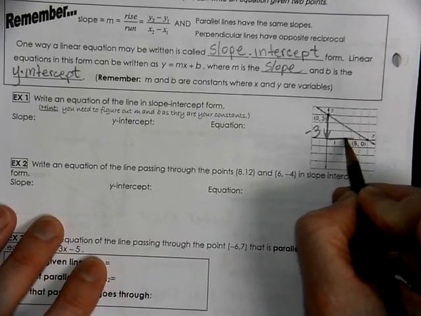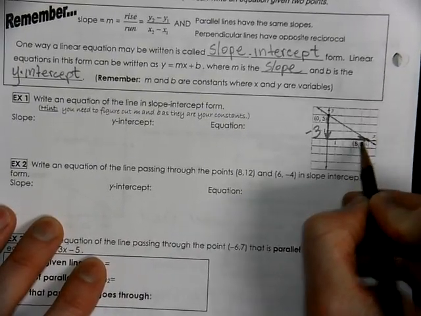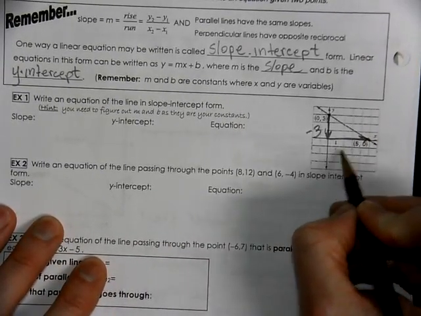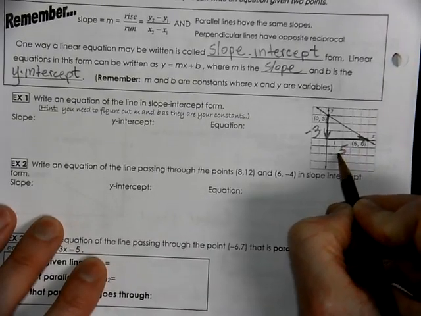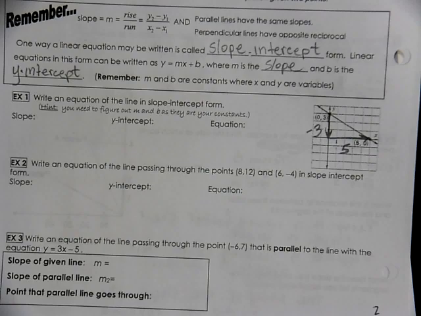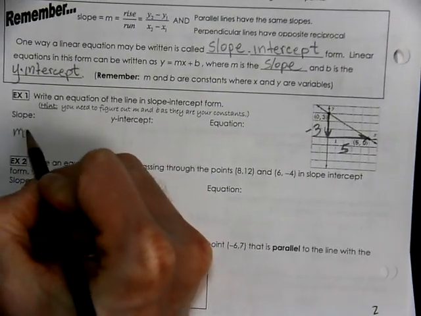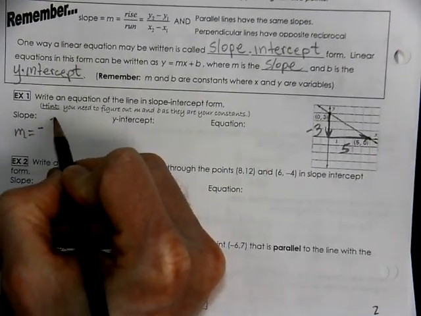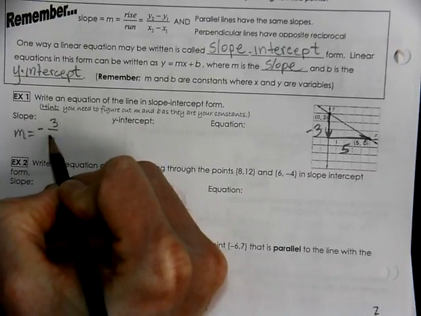And we're going over 1, 2, 3, 4, 5. So it's a rise over run of negative 3 over 5.